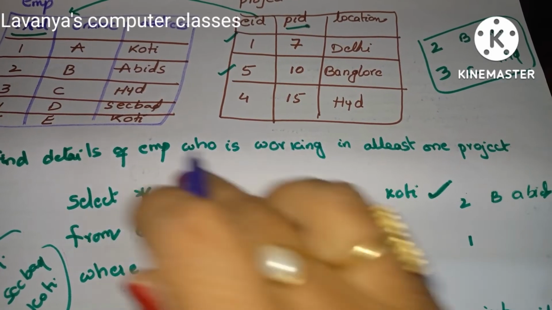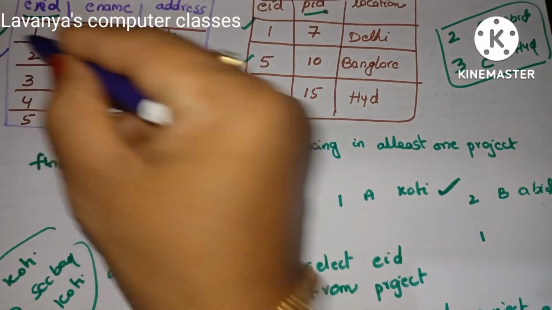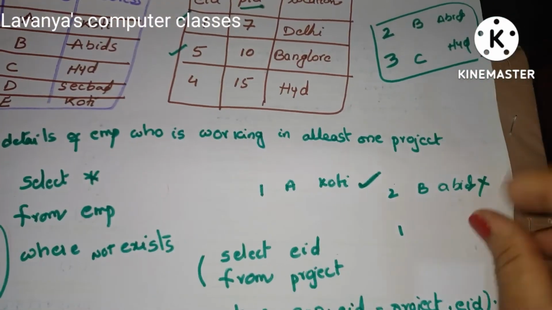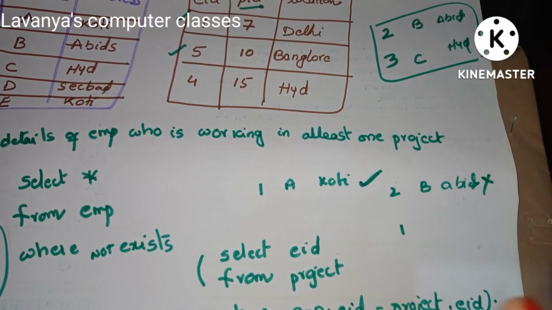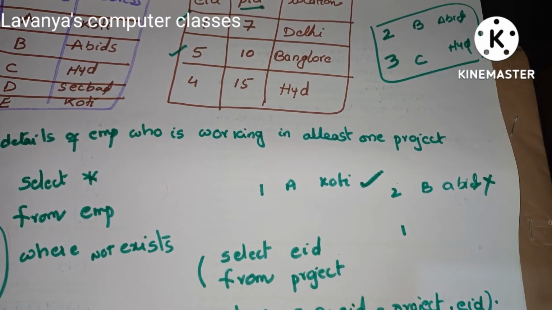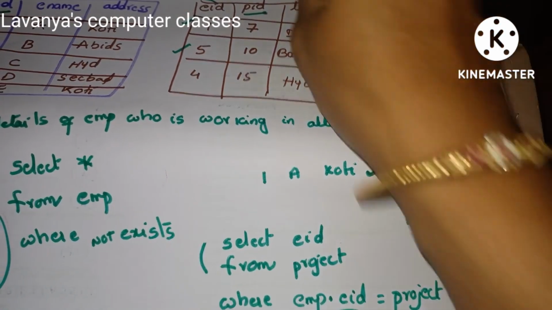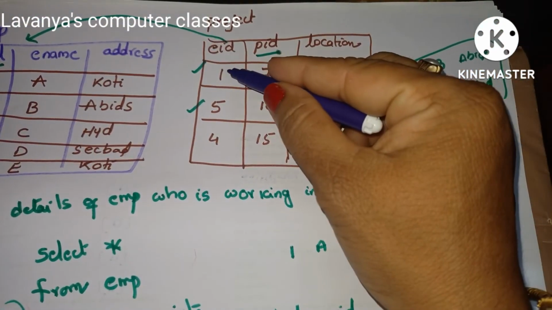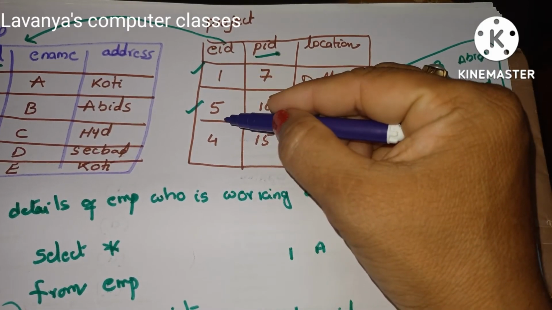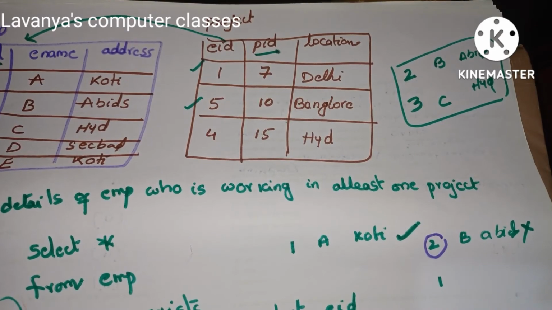Then check the second record. The first record is over, now retrieve the second record, 2 B. It is compared with employee.eid equal to project.eid. Employee.eid is 2. Is 2 available anywhere in project.eid? No, 2 is not available, so it gives the answer false.